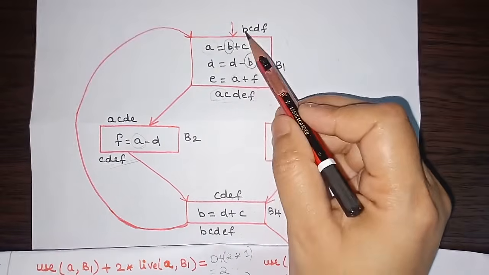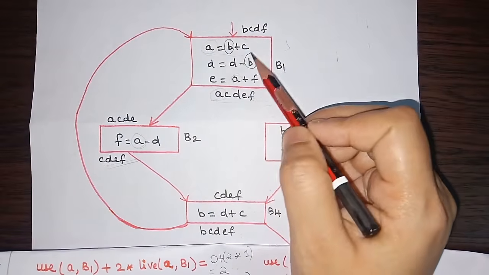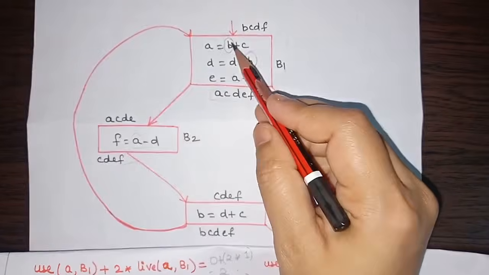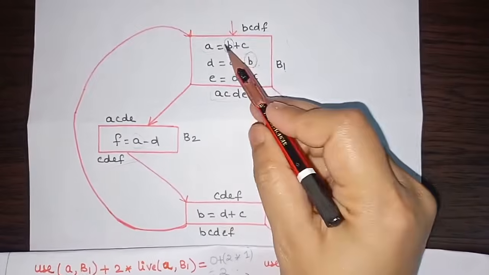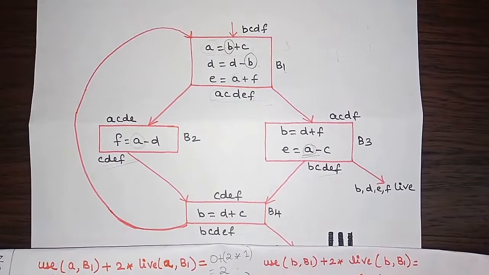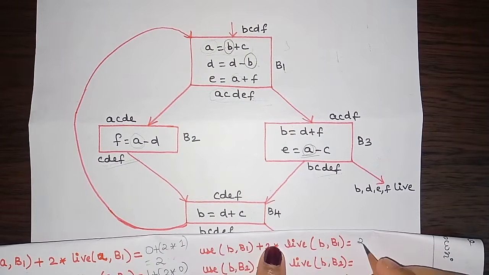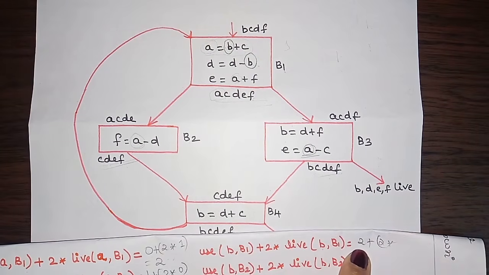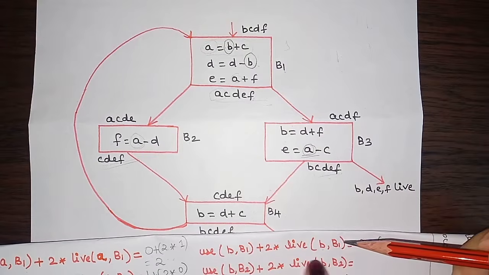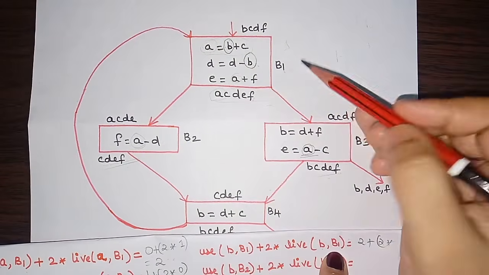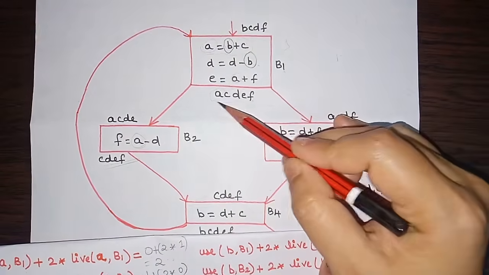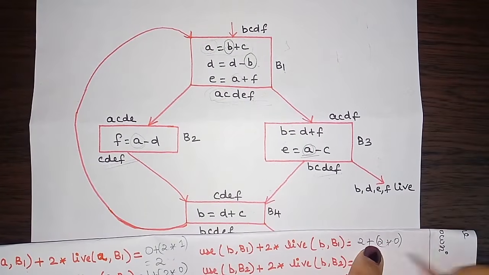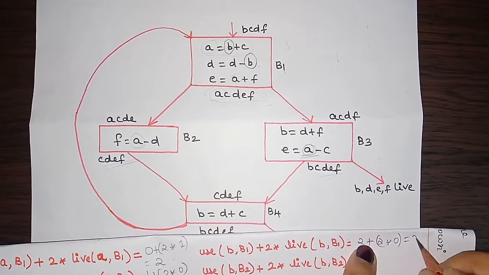Here we don't have any preceding statements of b with assignment, so we can take the number of times the variable b is used in this block. Here we have 2, and the count 2 will be taken here, plus 2 into, and now we should check for liveness of b at the end of block 1. At the end of block 1, b is not live, so it is taken as 0. Now the result will be 2 here.